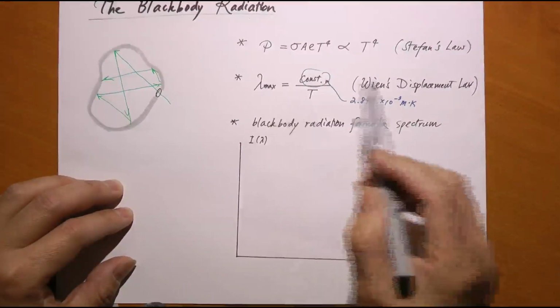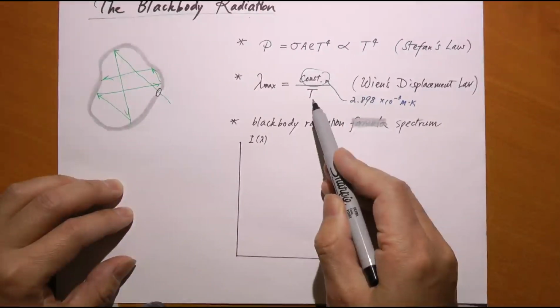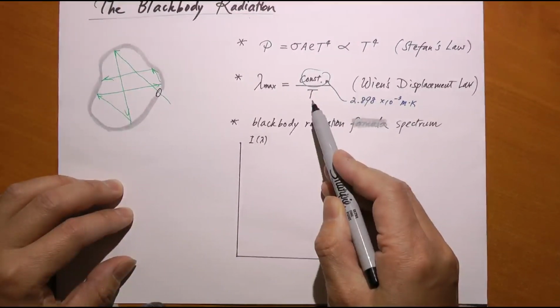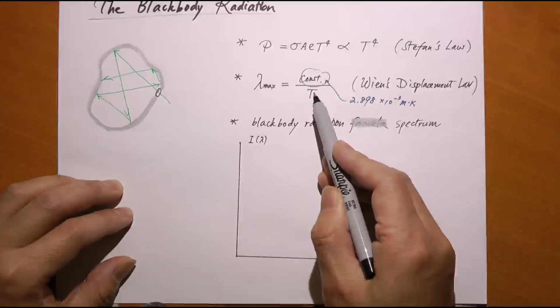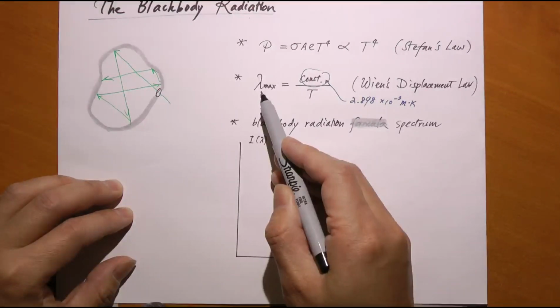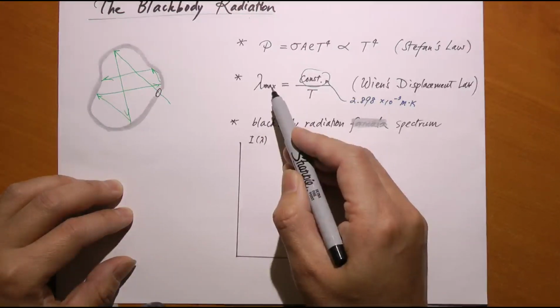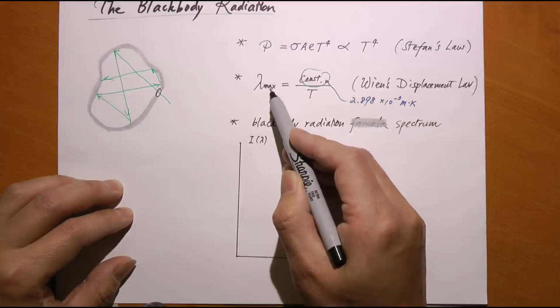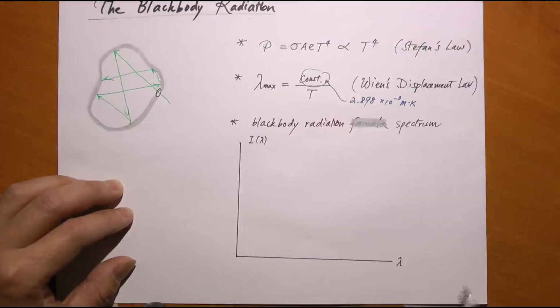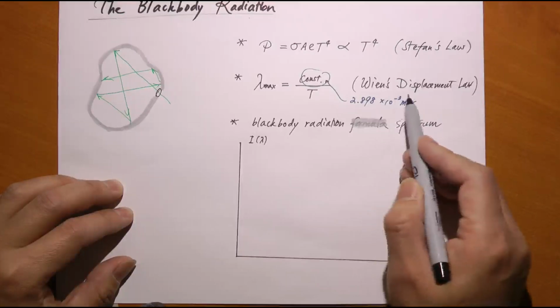This wavelength is equal to a constant divided by the temperature of the black body. So as the temperature increases, the most prominent wavelength of radiation decreases, which means the prominent radiation shifts to shorter and shorter wavelengths, or higher and higher frequency. This is known as Wien's displacement law.